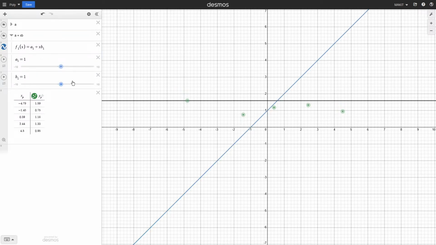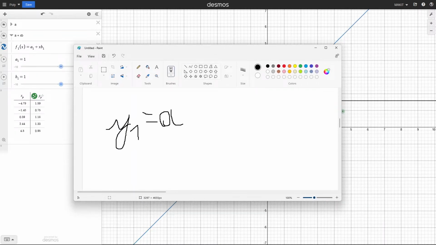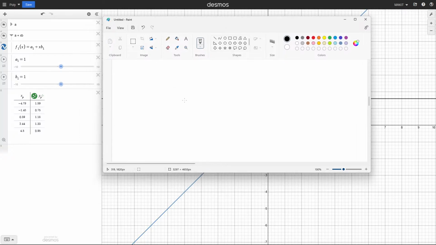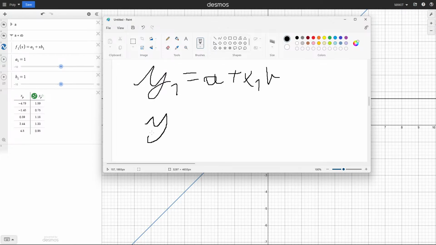Let's define them all. And here's where the fun begins. Because this time we will need two equations. We'll need two equations because we have two variables, to set two constants. So we'll have y1 is equal to A plus x1b, and y2 is equal to A plus x2b.